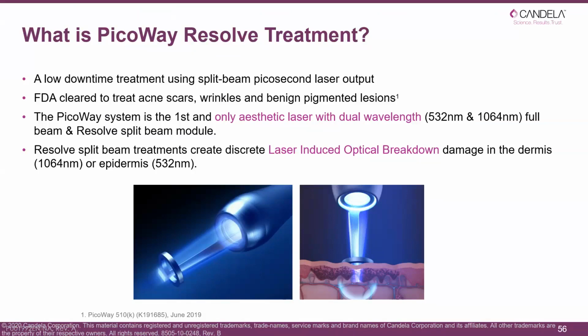And the idea here is by delivering that very high concentration of energy down into the dermal layer, we get what are called laser-induced optical breakdowns. So these are, in effect, tiny little microplasma bubbles in the tissue. And the body sees that as an injury, and therefore it stimulates collagen, or in this case, we're disrupting the pigment within the skin.